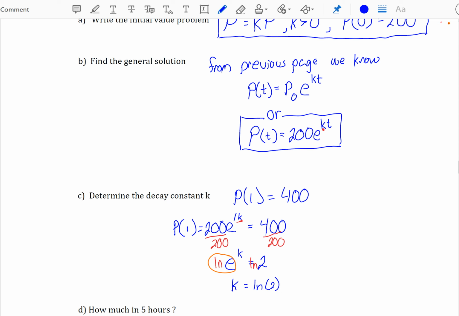Now, if you grab your calculator, you should be able to approximate the natural log of 2 as 0.693. This is the value of our constant k, which gives us a solution. Well, let's not call it a solution. Let's call it a model.